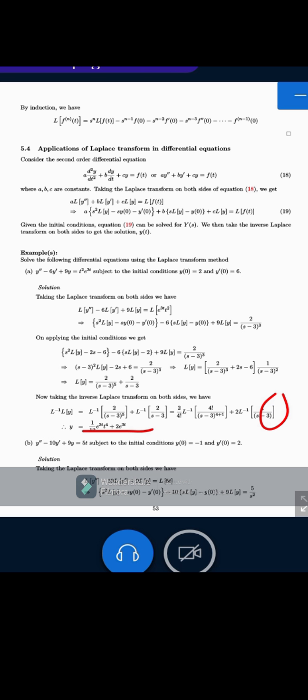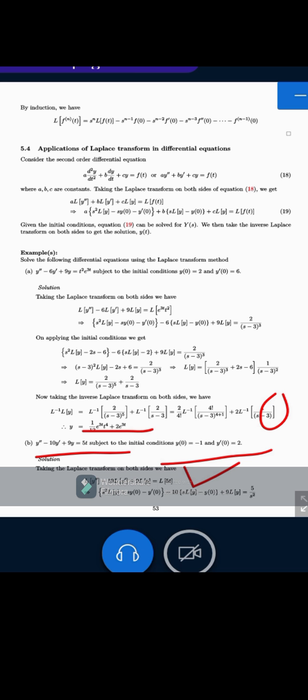Another example that we have here is y double prime minus 10y prime plus 9y equals 5t, and the initial conditions are given here. The first thing for you to do is to get the Laplace transform of y prime and y double prime. First of all, you write your equation in that form.